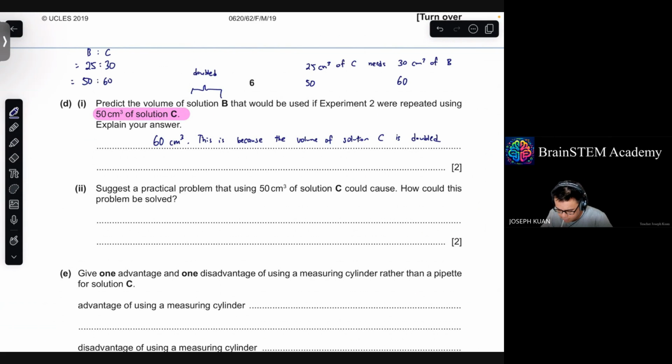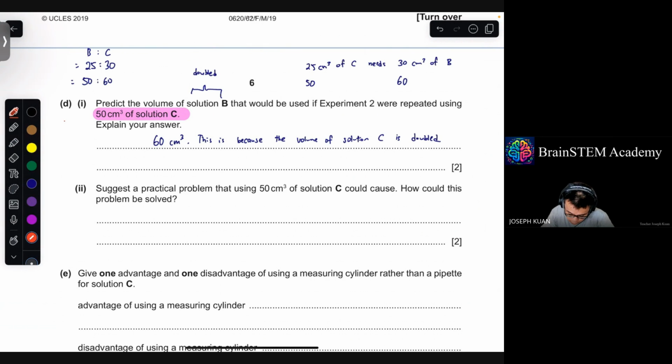Now, 2, suggest a practical problem that using 50 cm³ of solution C could cause. How could this problem be solved? You see, this is D2, which means that it is related to D1. Because you're using 60 cm³ of solution B, and the setup is using a burette. A burette's maximum capacity is usually 50 cm³ only.